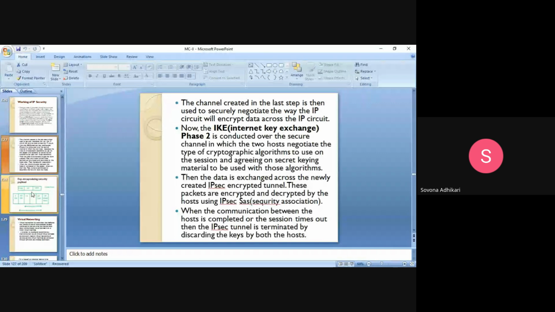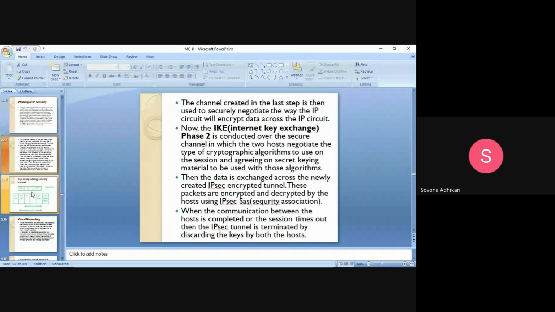So we already know that there is a tunnel used for more security. These packets are encrypted and decrypted by the host using IPsec SAs, security associations. So data is encrypted because they have an agreement on which cryptographic algorithm is used for that purpose, so that the same algorithm is used to decrypt it.